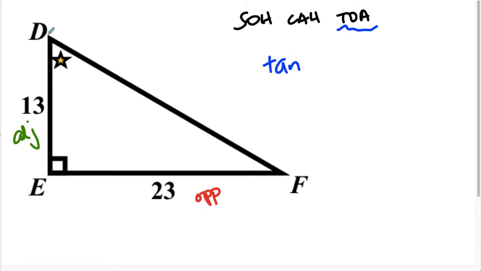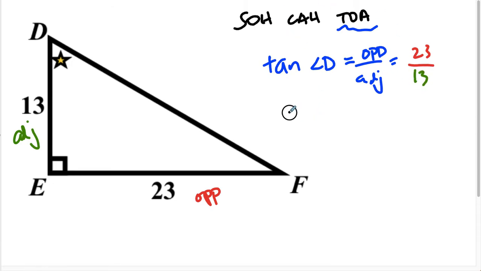So tangent of angle D is equal to the opposite side over adjacent. The opposite side there is 23, which is red, and the adjacent side there is green, so that's 13. Now when I enter it in the calculator, I should do inverse tangent of 23 over 13, and then I should get the angle.